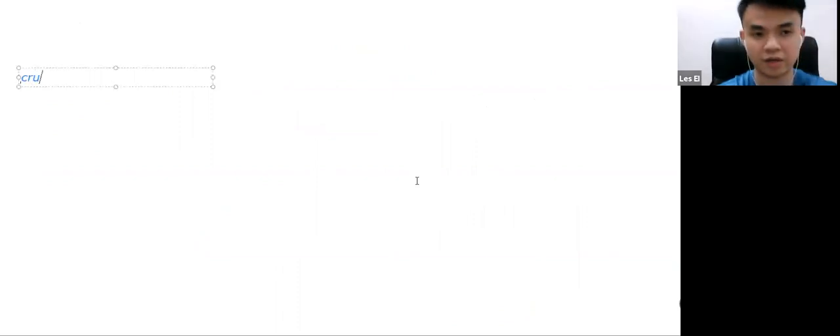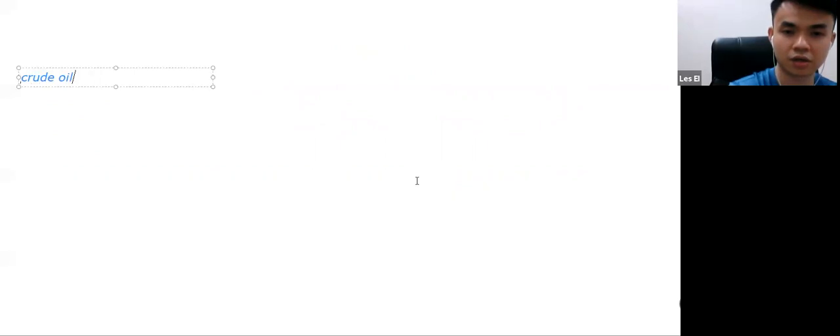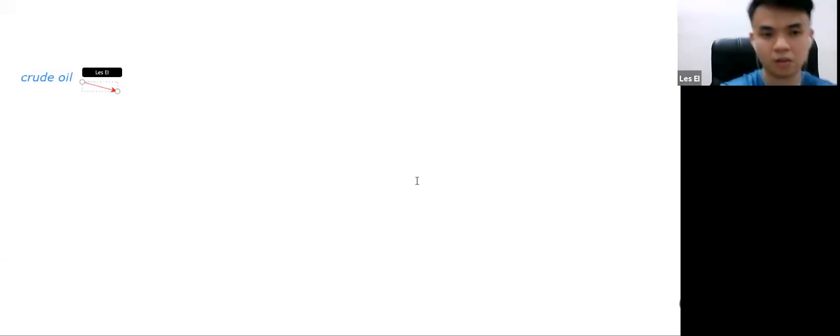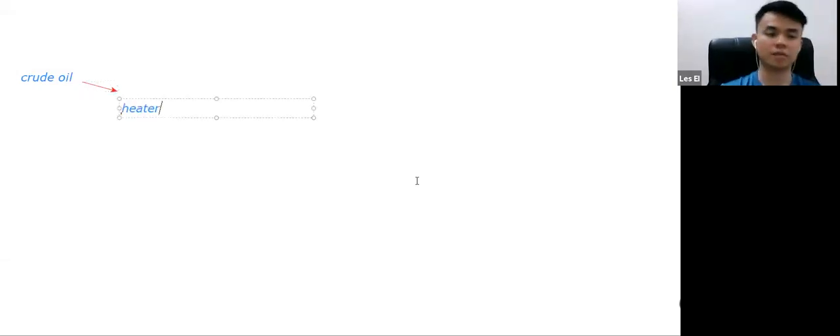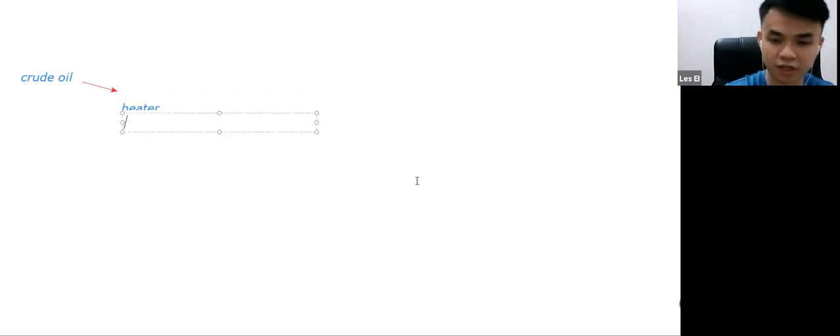Okay, I still want to talk more about the cracking here. So you have crude oil, which is alkanes. You pass the crude oil to a heater first, which means you heat up the crude oil so it turns into vapor.